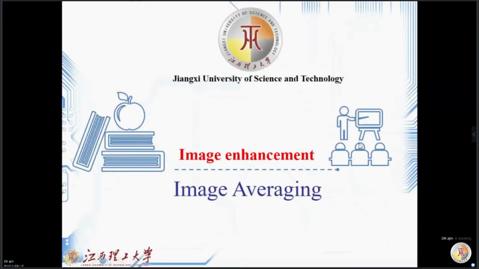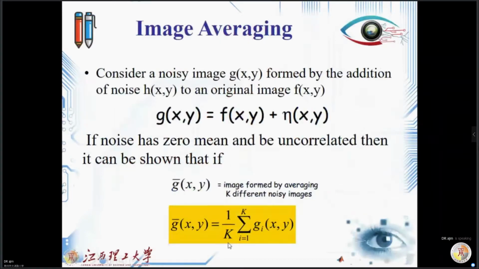In the second part, I'm talking about image averaging. To understand image averaging, let us first of all consider one noisy image. You know that we show our image in the form of a function of x and y, meaning any pixel location, with a function formed by adding noise of x and y.